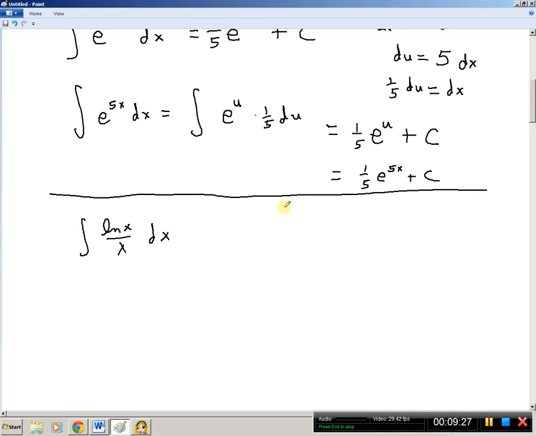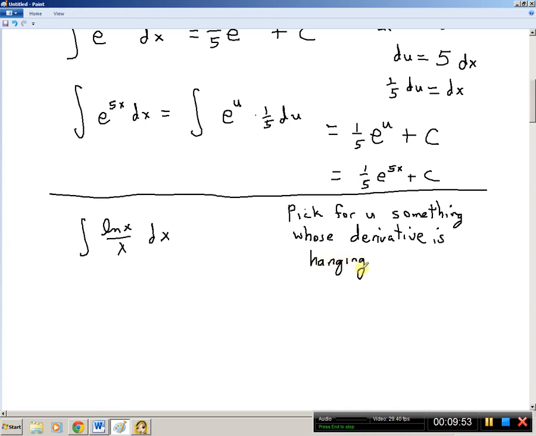The trick to picking u is to pick for u something whose derivative is, in a colloquial expression, hanging around, just there.